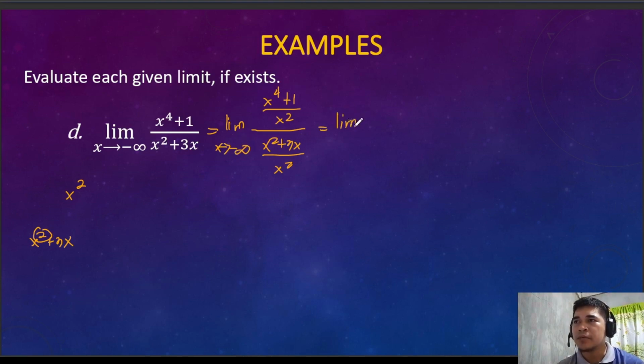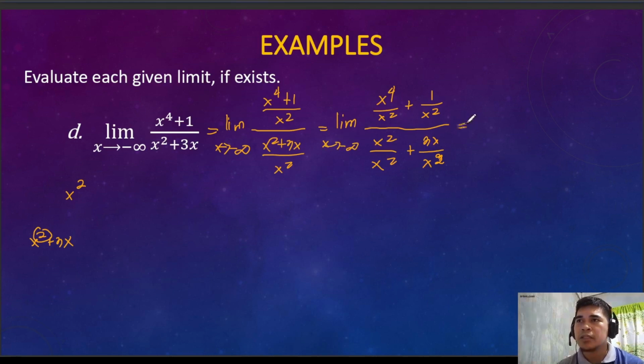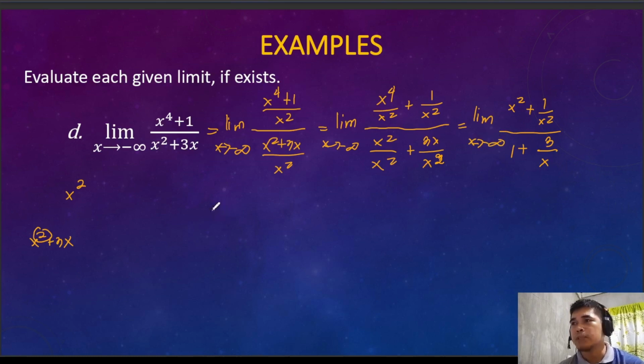Okay, simplify. Limit of x to the fourth power over x squared plus 1 over x squared, over x squared over x squared plus 3x over x squared, as x approaches negative infinity. Okay, so limit of x to the fourth power over x squared, that is x squared, plus 1 over x squared, all over 1 plus 3 over x as x approaches negative infinity.